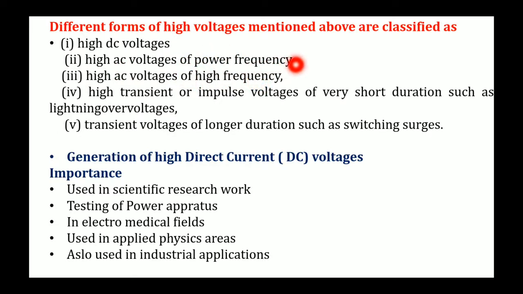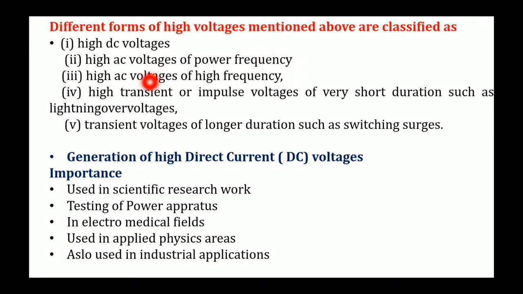Power frequency means the Indian standard frequency, that is 50 to 60 hertz. The generation of high AC voltage of power frequency is also done using some techniques that we'll discuss in further classes.